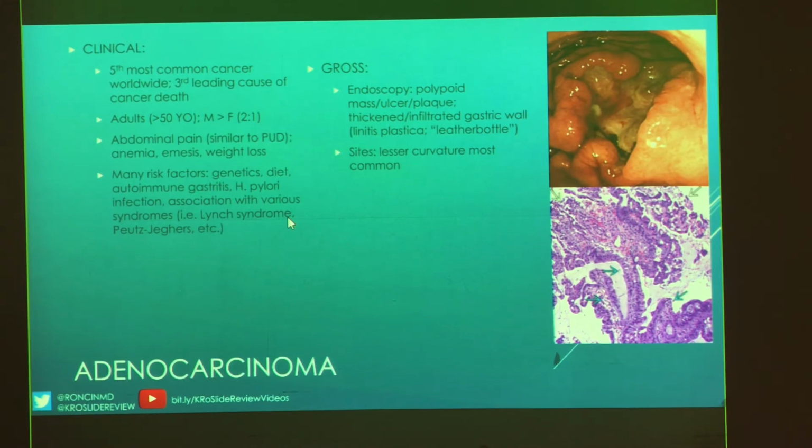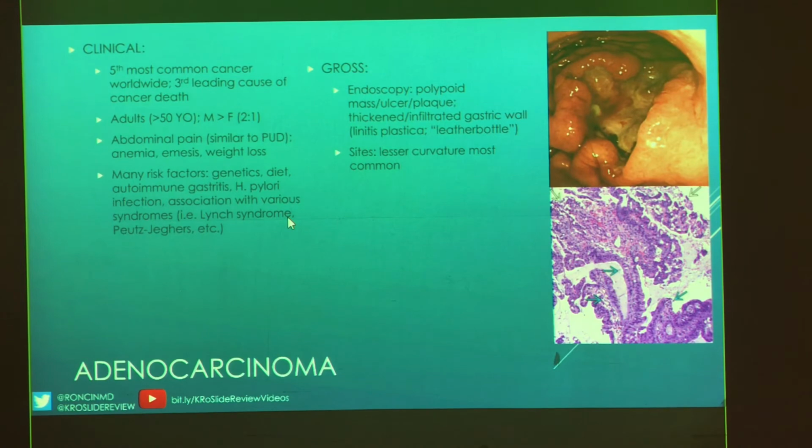And the risk factors are extremely numerous, but things that we went over a little bit today are autoimmune gastritis and H. pylori infection. So remember, H. pylori is not just associated with MALT lymphoma, but also with gastric cancers of other lineages.